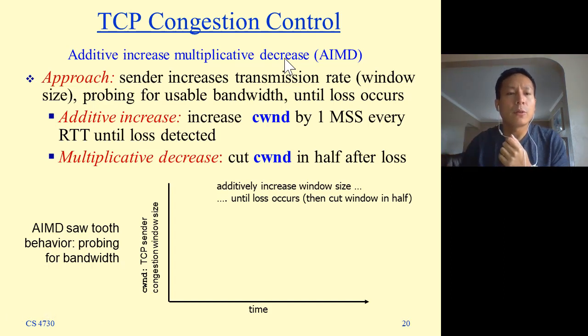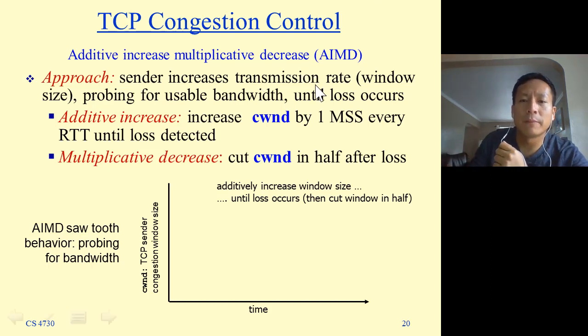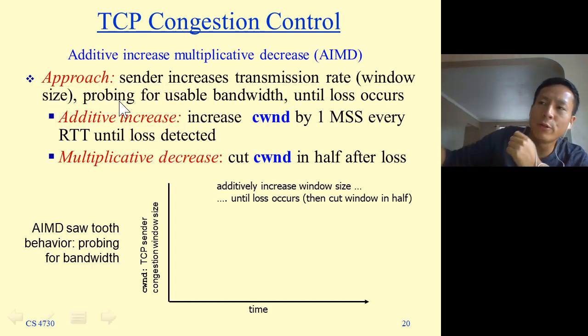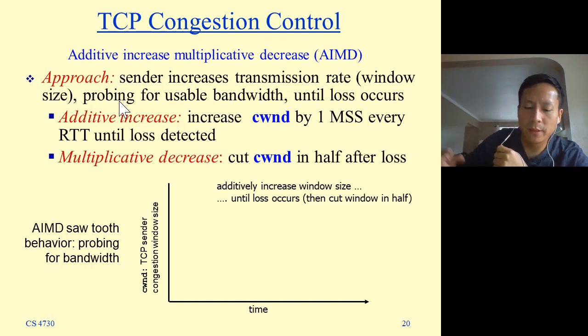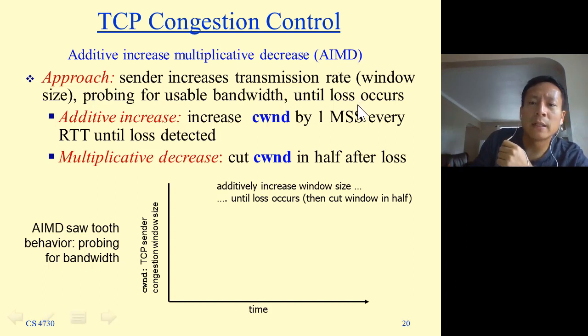It means that if the sender doesn't experience any, for example, loss or long delay, then it will just keep increasing its transmission rate by increasing the window size. So essentially, it keeps trying to reach out, to get more transmission bandwidth until the network is congested, right? Until some loss happens, and then I decrease the sending speed.